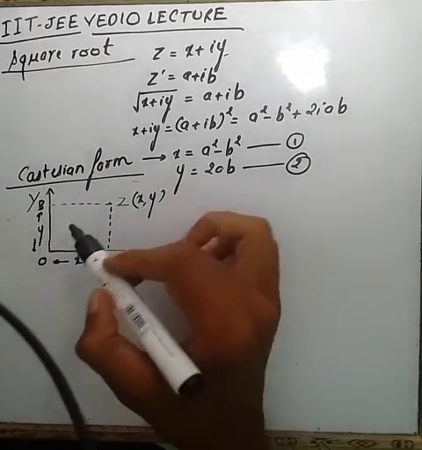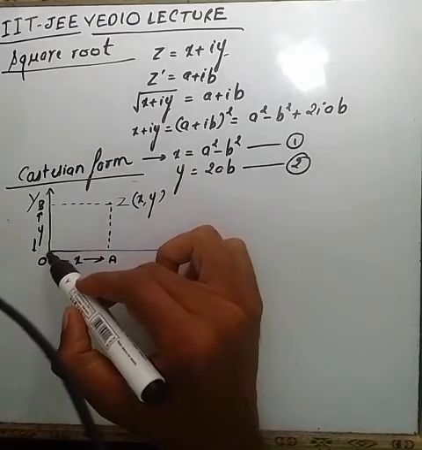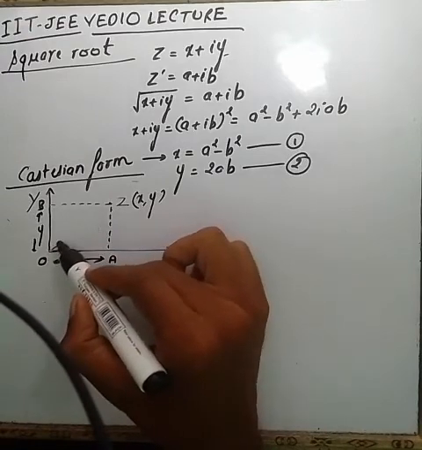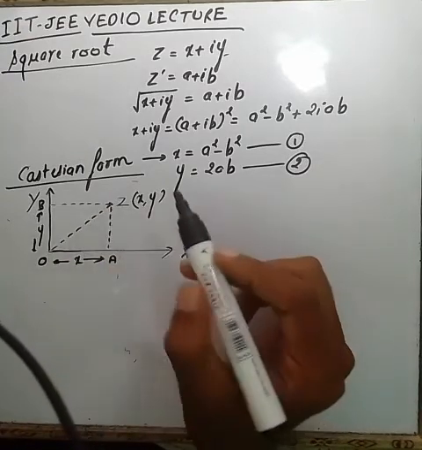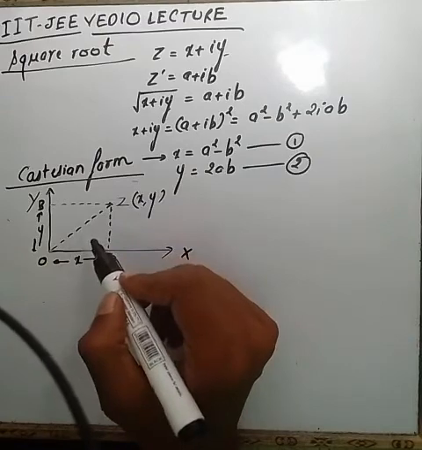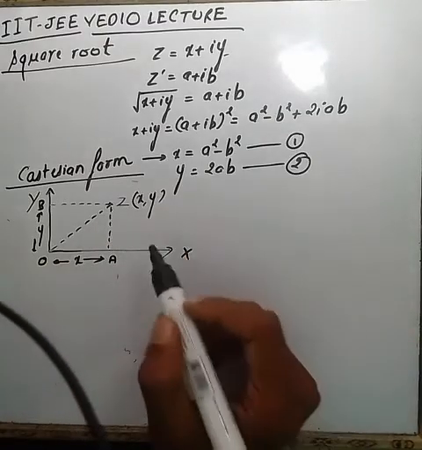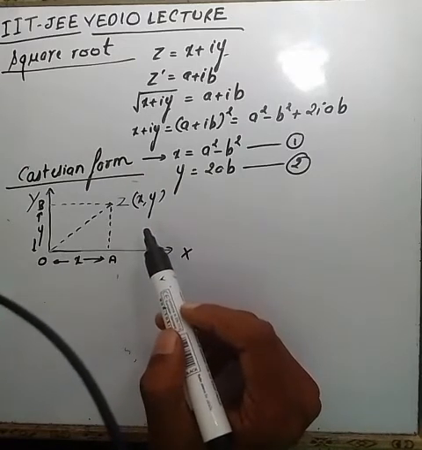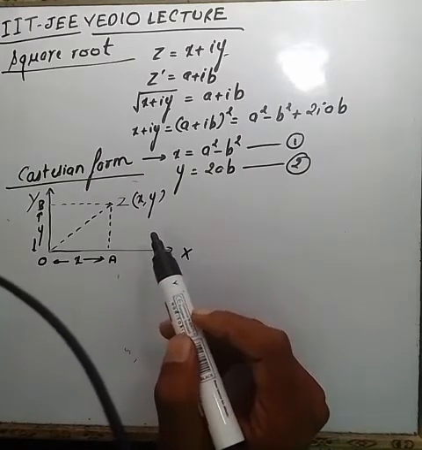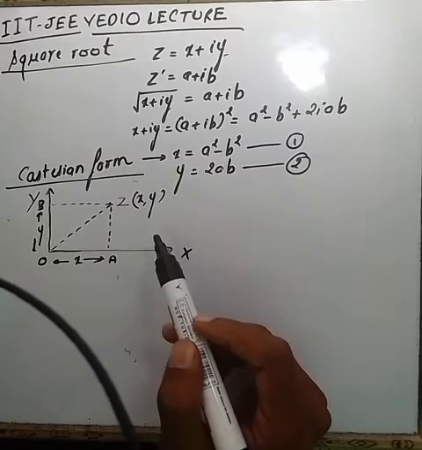Okay, and the shortest path between O and Z will be like this. So in this way we can represent the complex number.